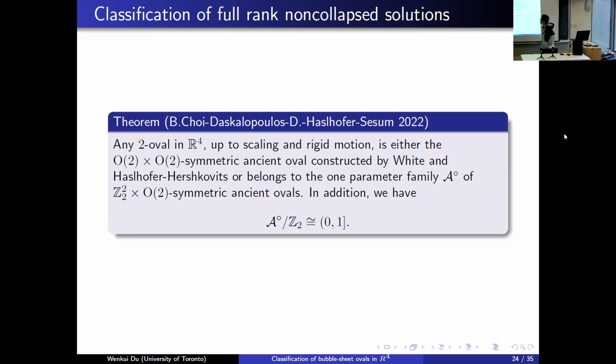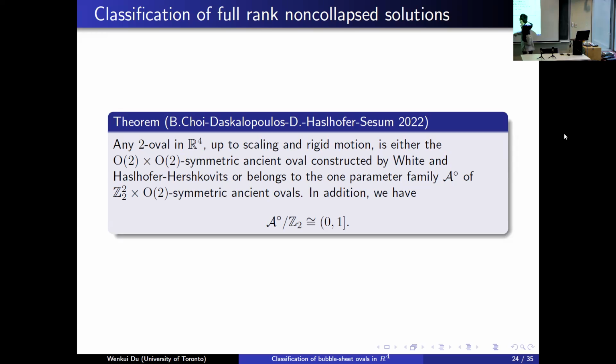We proved the following theorem: any 2-oval, also called a bubble-sheet oval, in R^4, up to scaling and rigid motion, is either the O(2)×O(2) symmetric oval constructed by White, Haslhofer and Hershkovits, or belongs to the one-parameter family of ovals we have constructed.